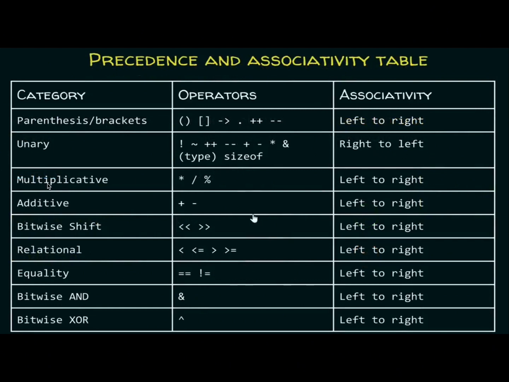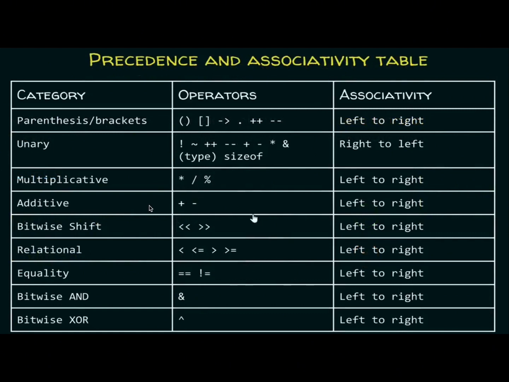Then we have the multiplicative operators. We have the multiplication sign, the division sign, and the modulus. Their associativity is from left to right. So when you find these operators in one expression, you have to go by the associativity to know which one to solve first.